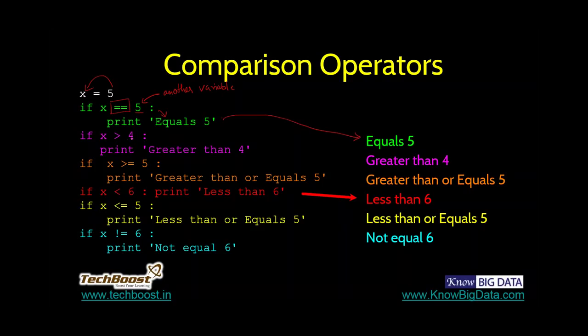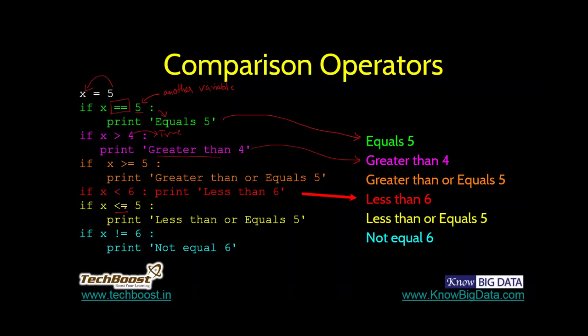x is greater than 4 is our next condition. Yes, it is greater than 4. This evaluates to true, and the following block, which is this line, gets executed. We get this output, and so on. This also produces less than 6. This is less than or equal to 5. Now less than or equal to 5 means it is either less than or equal to 5.